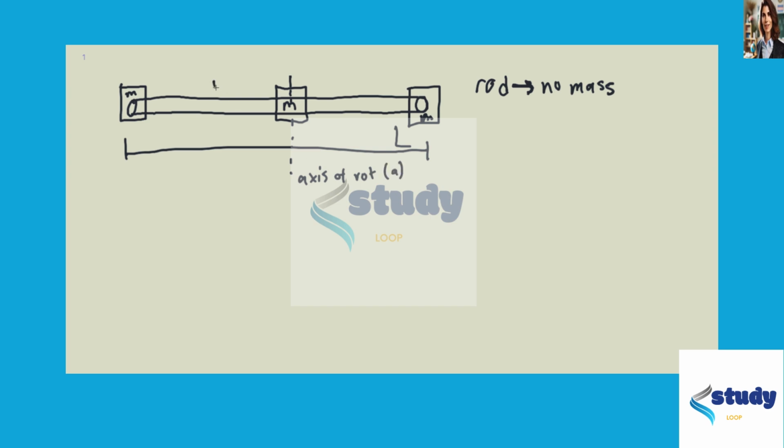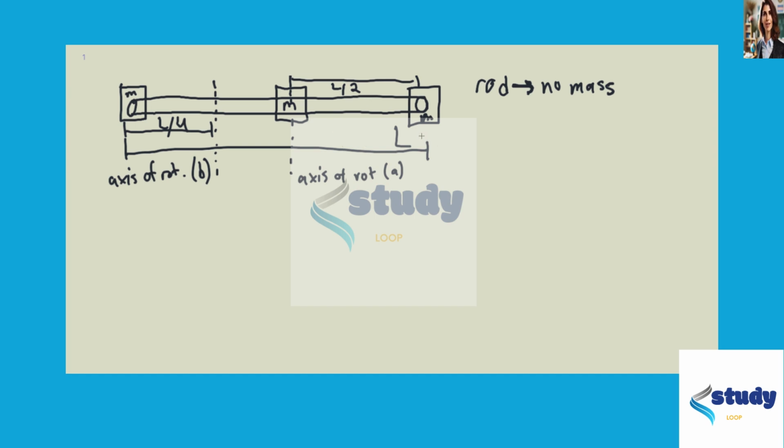And then for part B, this will be our axis of rotation. From here to here, this is L over 4. And then from here to here, this is going to be L over 2.